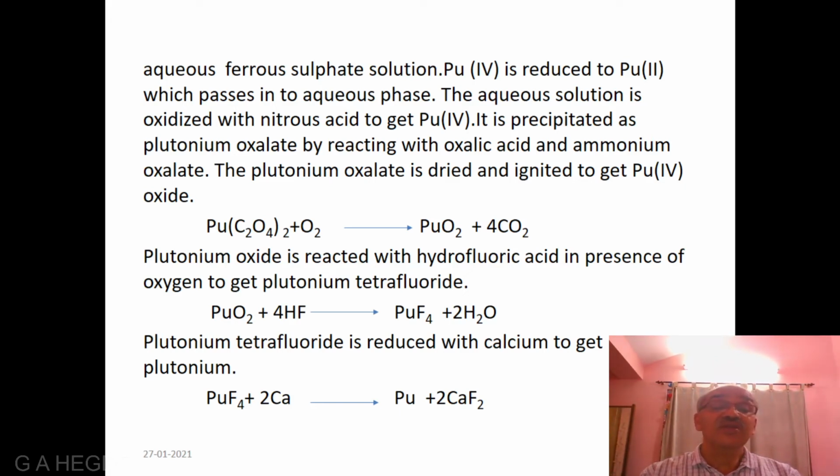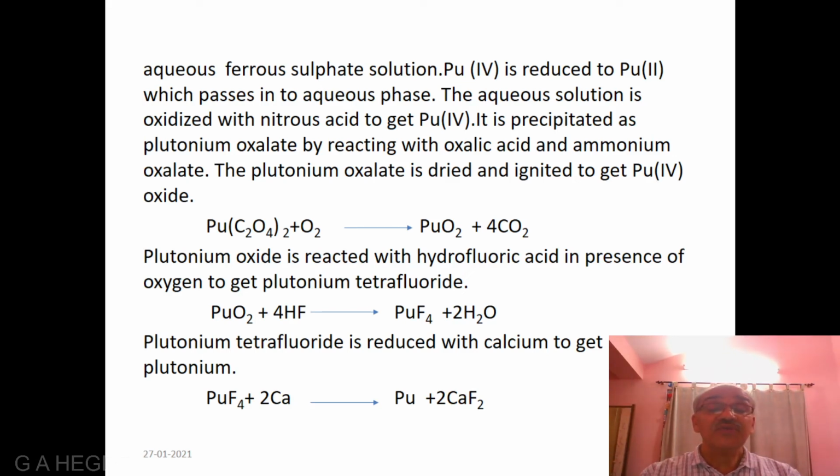The equation is Pu(C2O4)2 plus O2 gives rise to PuO2 plus CO2. The plutonium oxide is reacted with hydrofluoric acid in presence of oxygen to get plutonium tetrafluoride.